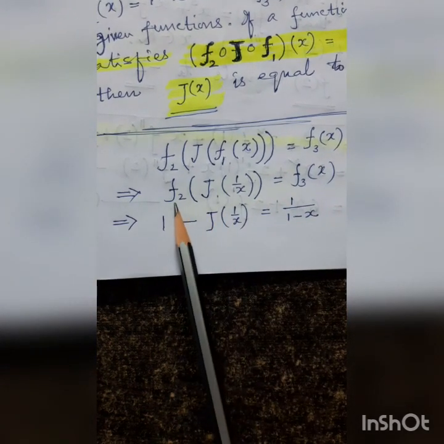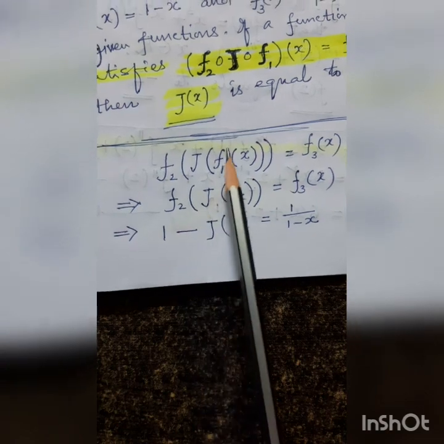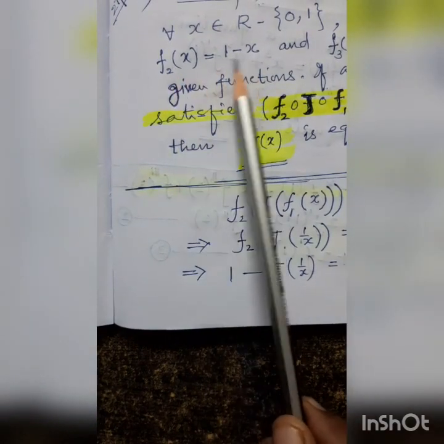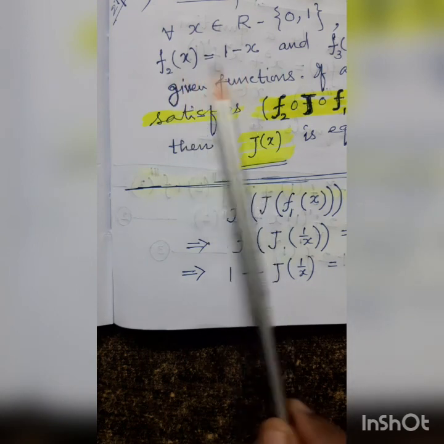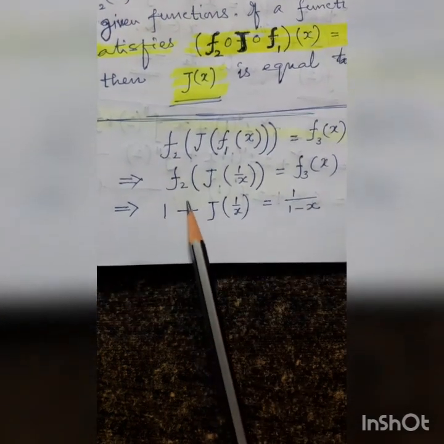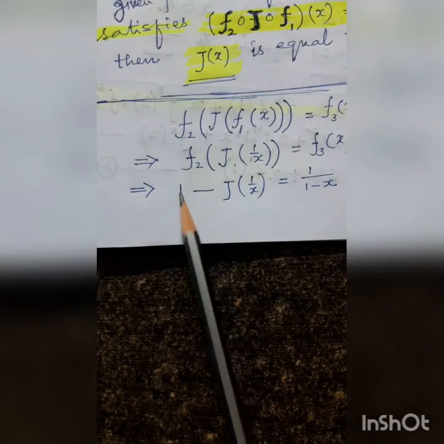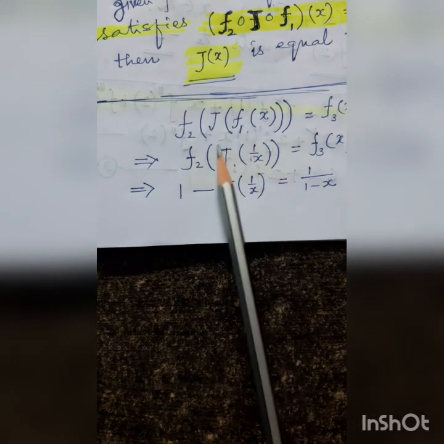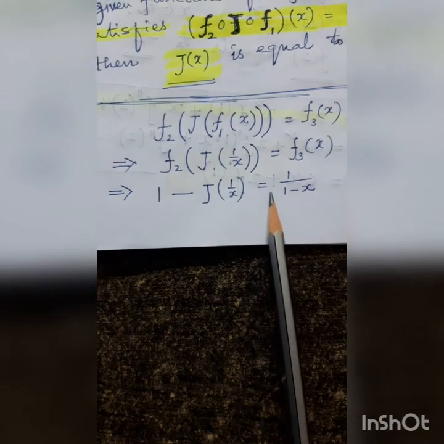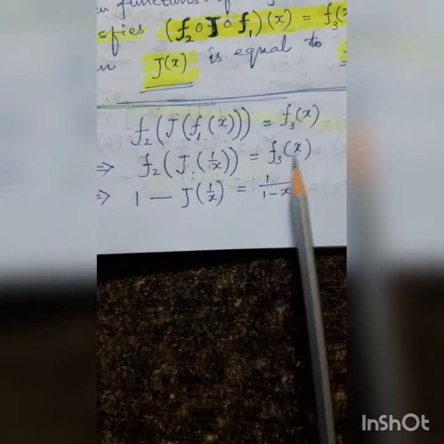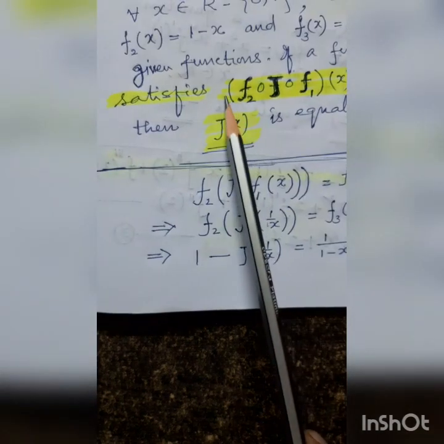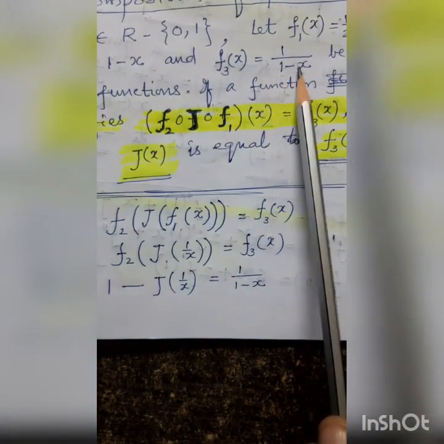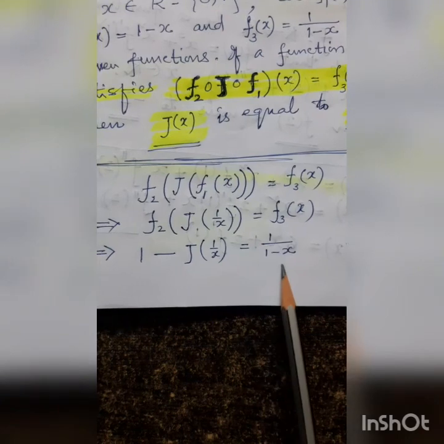What is f2 of x? f2 of x equals 1 minus x. So in place of x, what is there? 1 minus j of 1 by x equals, what is f3 of x? f3 of x is already given, that is 1 by 1 minus x.